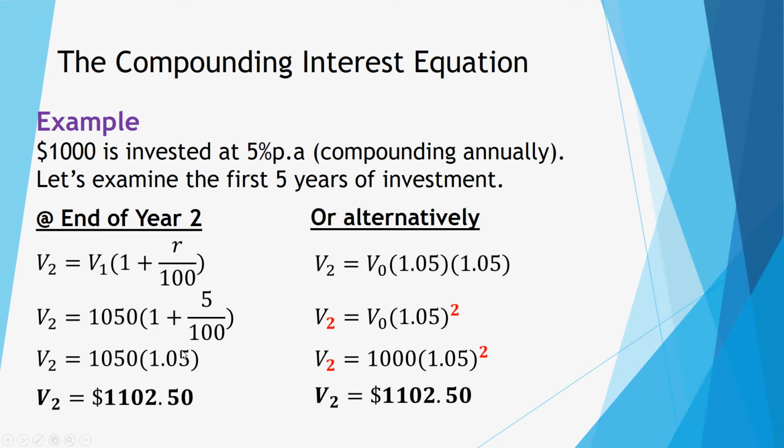Then again we're multiplying it by 1.05 again. So we could have written this as starting with our initial value V0 of $1,000. We've multiplied it by the growth rate of 1.05 twice, or rather the growth rate of 1.05 squared, to predict the value at the end of the second year, which is exactly the same as our initial recurrence sequence method.